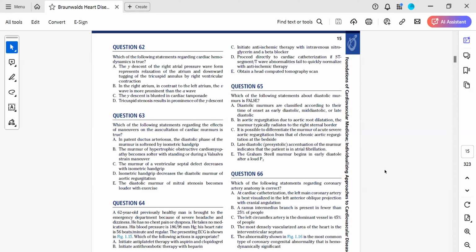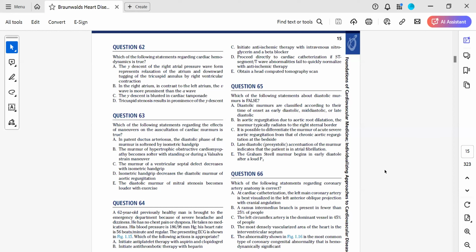The Y is just the Y descent, rapid ventricular filling, the first phase of filling of the ventricle. As soon as the AV valves open, that rapid filling is what causes the Y descent. So option A, as stated, is false.